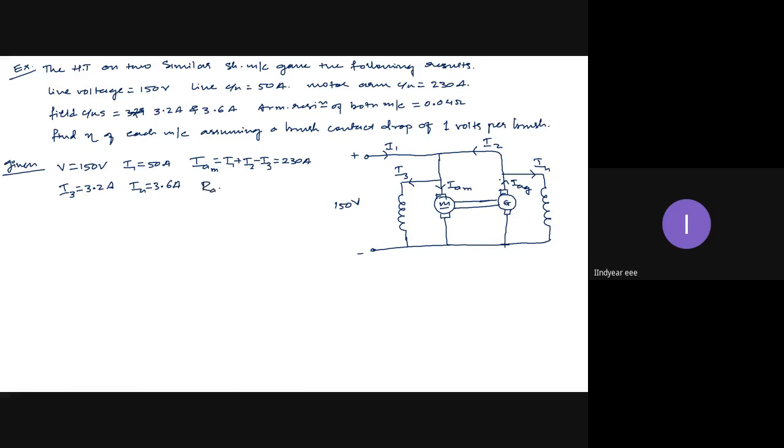RA is 0.04 ohms. Then I have a brush contact drop of 1 volt per brush.